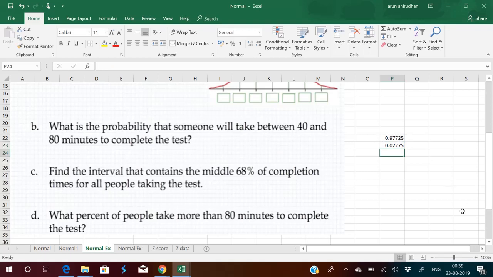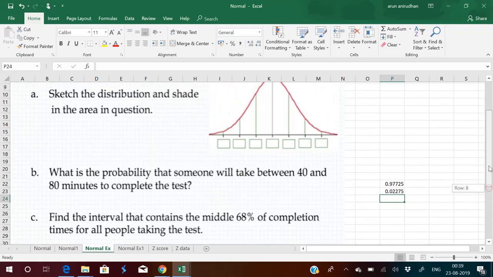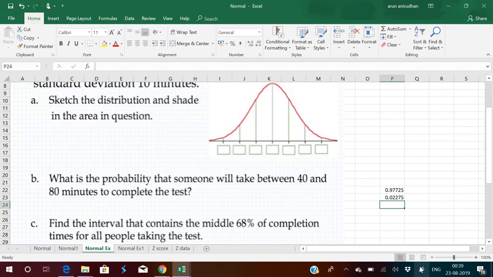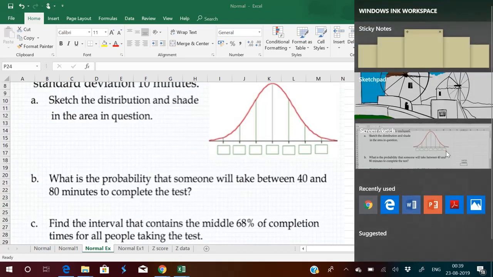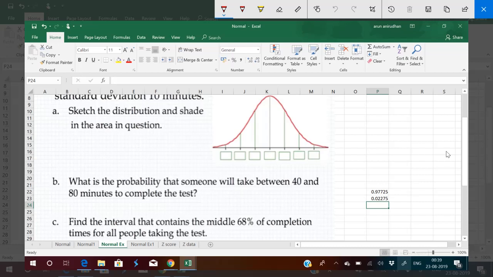Okay, I'll tell once again. This is 60, this is 80. So 0.97725 will be this area till here.